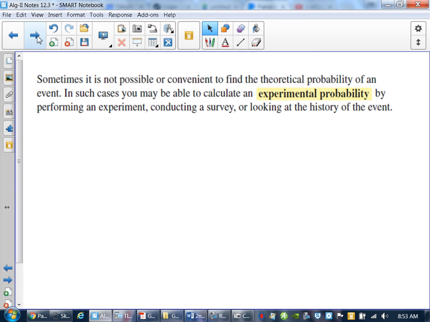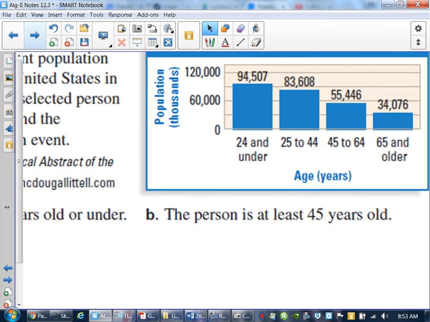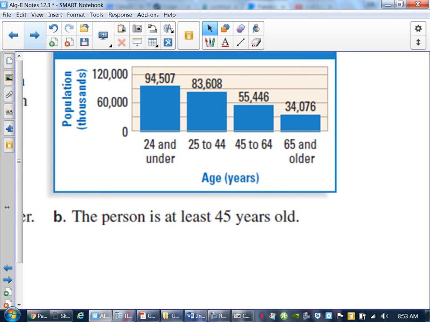So you get what's also called experimental probability. Those of you guys that took the ACT or the SAT probably saw something like this in table format, where sometimes you'll get data, and they're going to give you a graph. A lot of standardized tests will say, given this information, what's the probability that a person selected at random is under the age of 45?